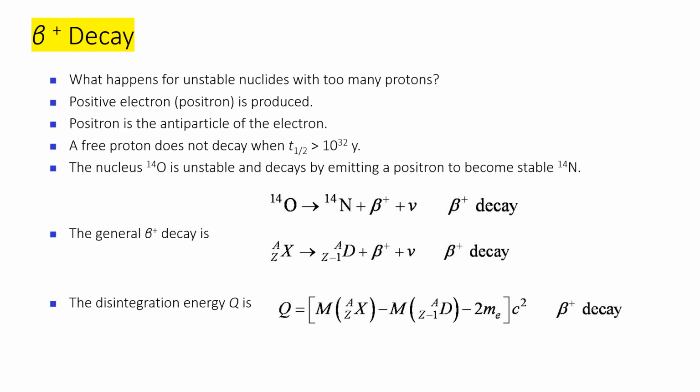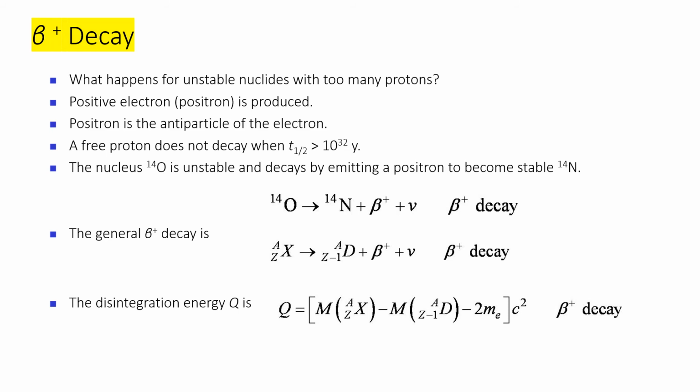Current experimental evidence indicates that a free proton does not decay, with a half-life greater than 10 to the 34 years. But a proton bound within the nucleus may transmute if energy is taken from the nucleus and the result is a more stable nucleus.